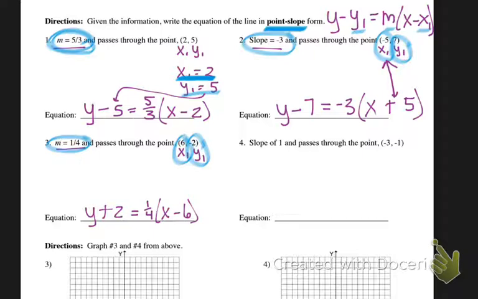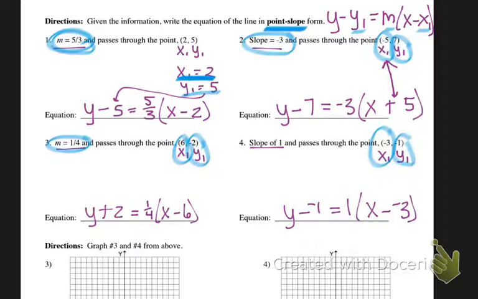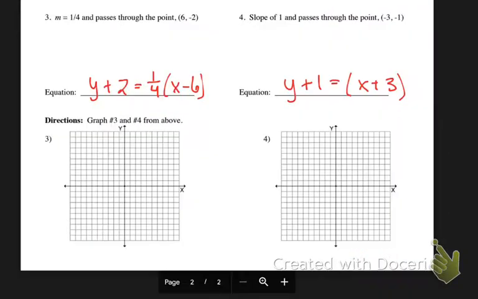And number 4, slope is 1, and here's your point, x1, y1. Y minus y1 equals m, which is 1, parentheses x minus negative 3. Couple things to clean up here. I'm going to make those minus negatives a plus. And do we really need to put the 1 in front of those parentheses? Not really. It's not wrong if you keep it, but we usually don't put it there. So this is going to be y plus 1 equals x plus 3.